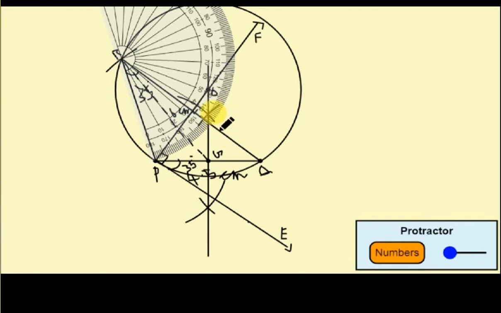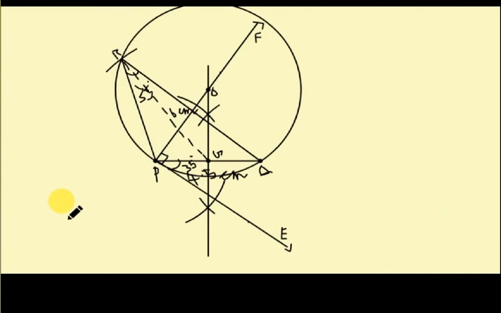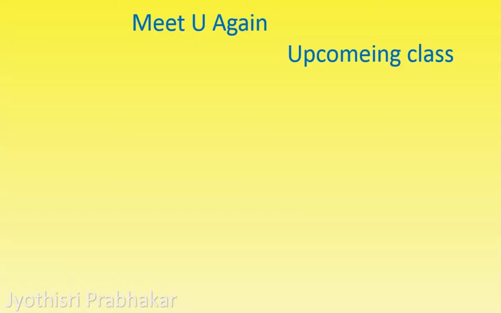So we are getting it here. Hence we have constructed our given triangle PQR with base 4.5 centimeters and angle R as 35 degree. So till now we have completed constructing triangle PQR.